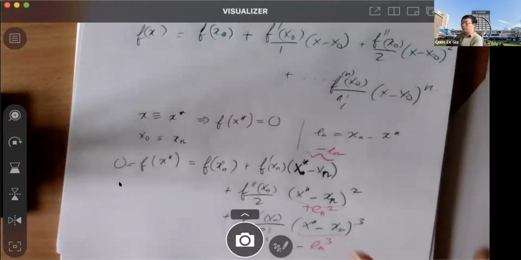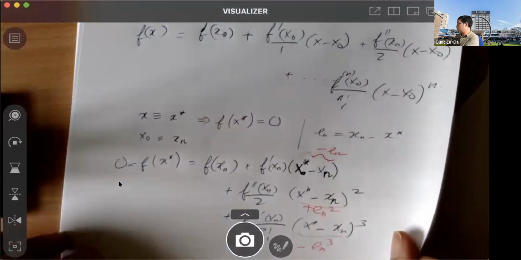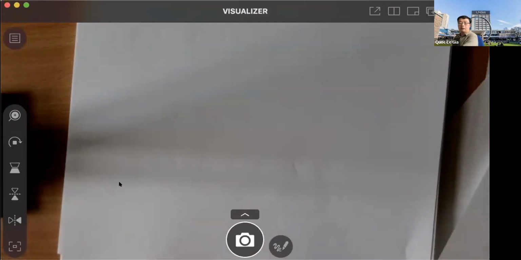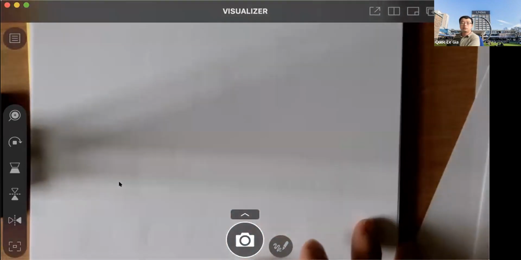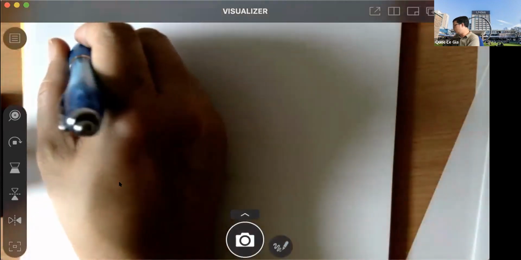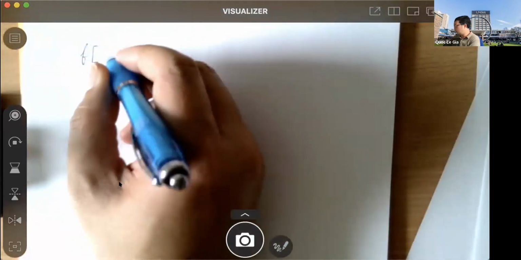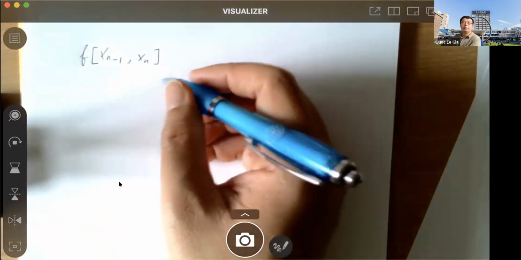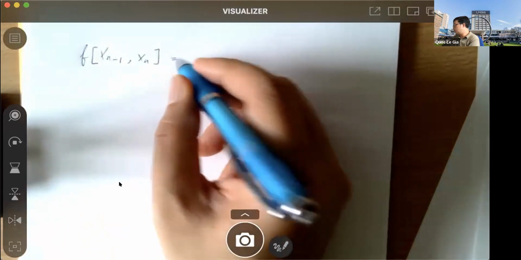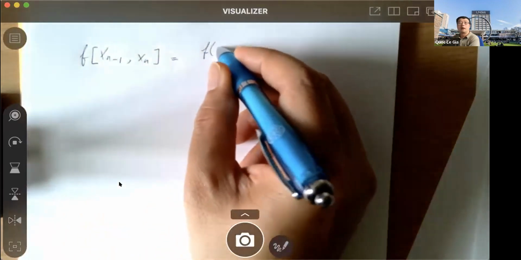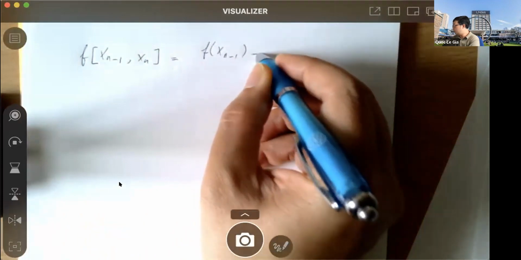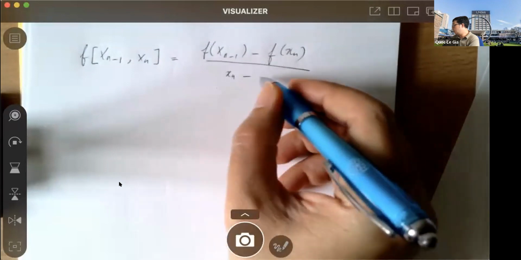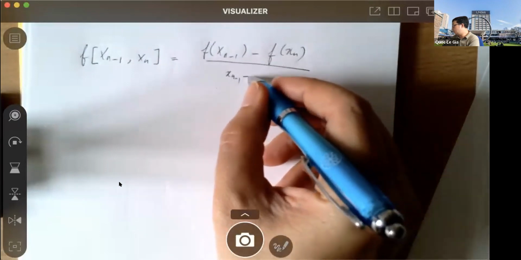If you follow the steps, eventually you come down to this: the divided difference of xn minus 1 over xn is just f of xn minus 1 minus f of xn over xn minus 1 minus xn, right?